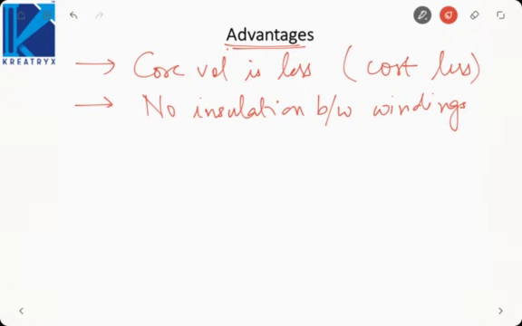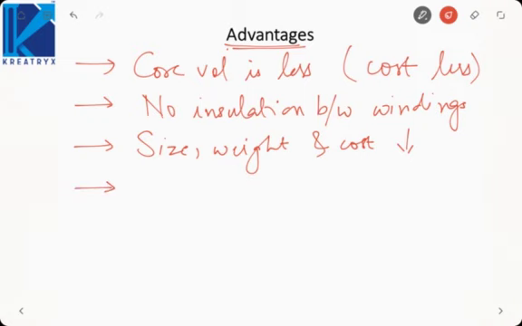That is why we need not provide any insulation, and that is why the cost reduces further. Now size, weight and cost reduce. Size reduces because core volume is lesser, weight is reduced because core volume is lesser, and cost is reduced because no insulation is required and less core material is required.